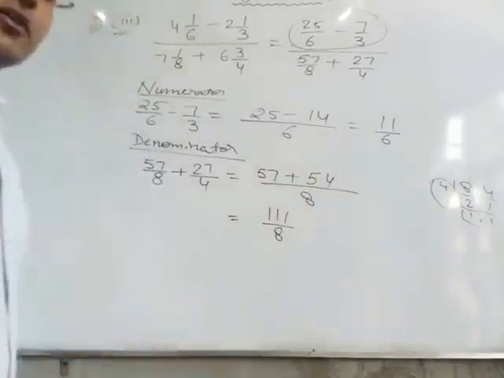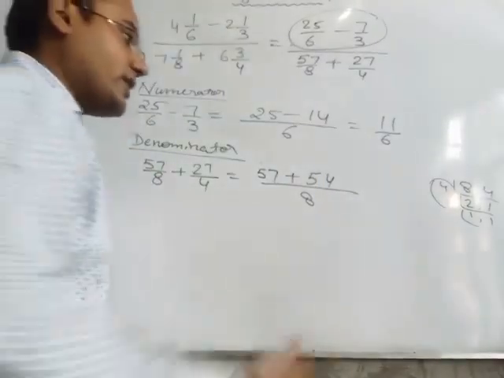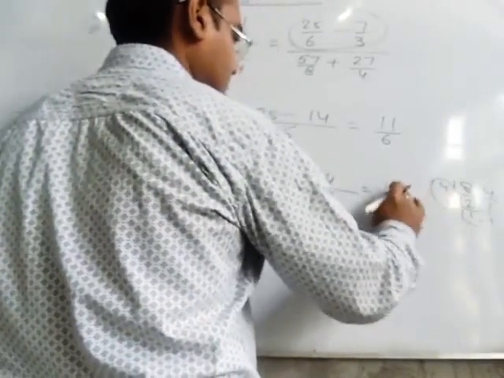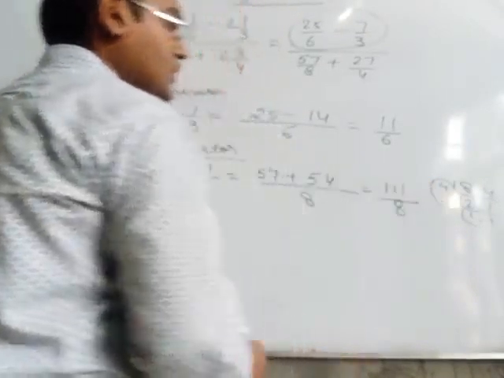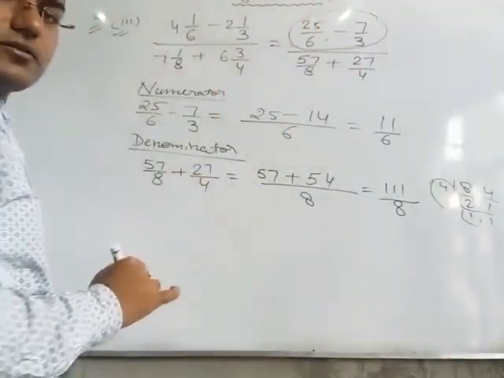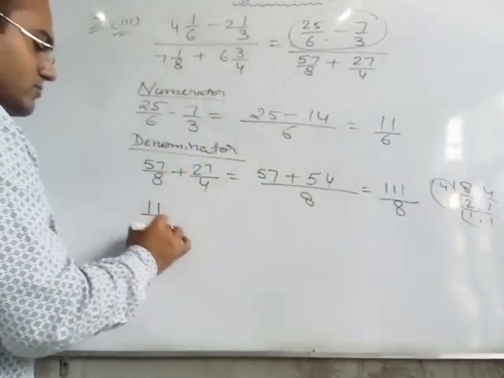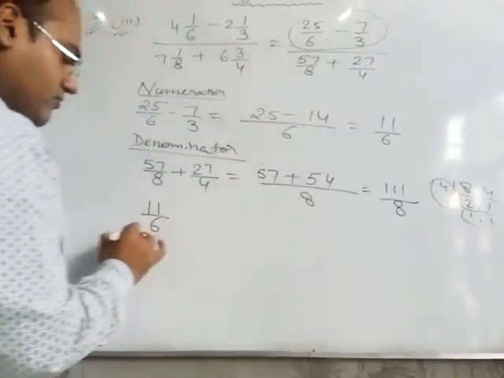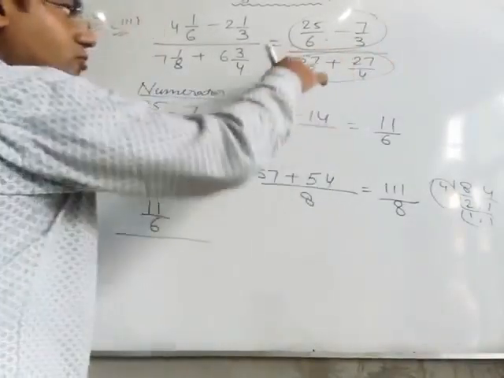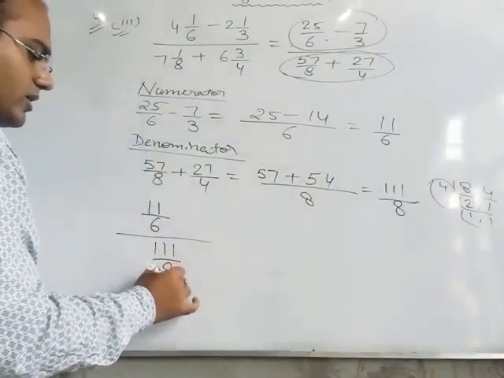So here what you have observed, we have solved both the numerator as well as the denominator. Now what we have to do: in place of the numerator we have to write the numerator answer, 11 upon 6. Upon, we will write here a larger upon. In place of the denominator we have to write its answer, 111 upon 8.